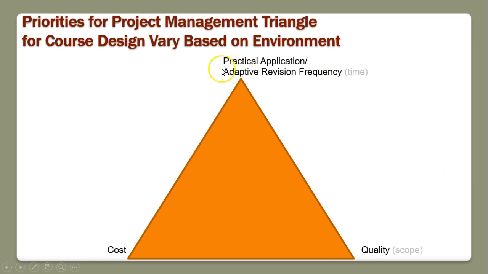But in time, I said a lot of degrees are in fields where the practical application is really important. The adaptive revision frequency is important. So that's why time is important. And then on the quality, ultimately that gets down to the scope and then the cost.